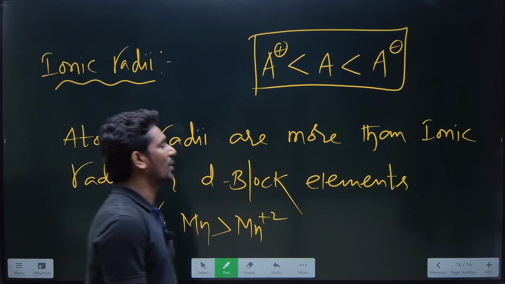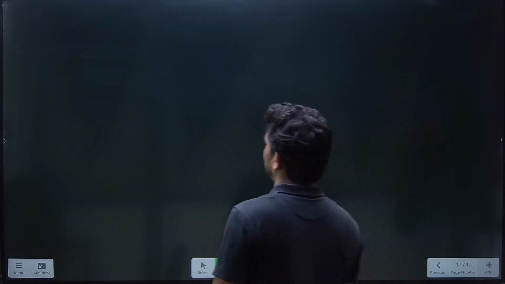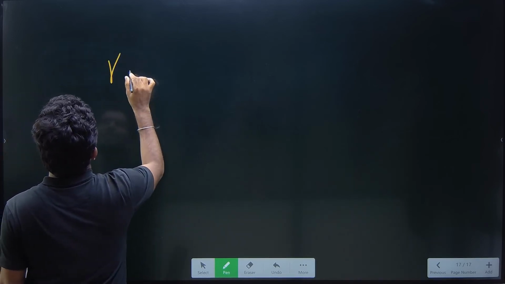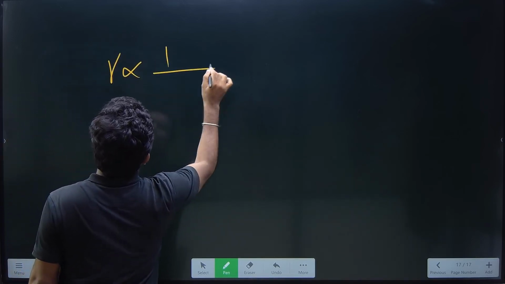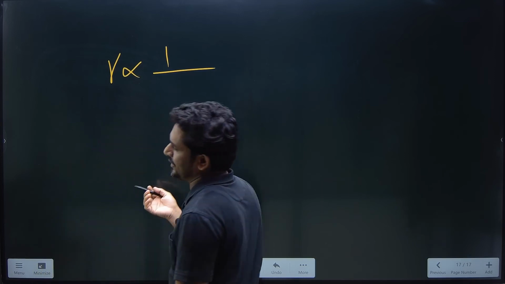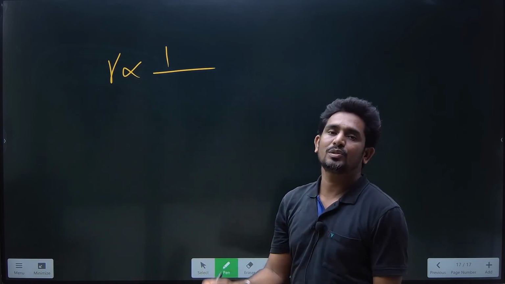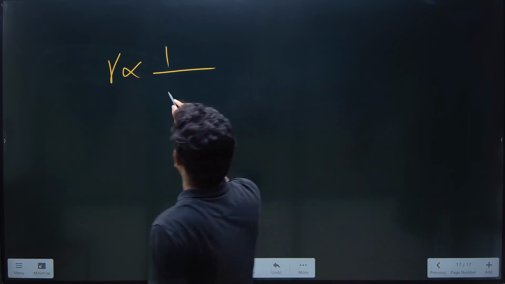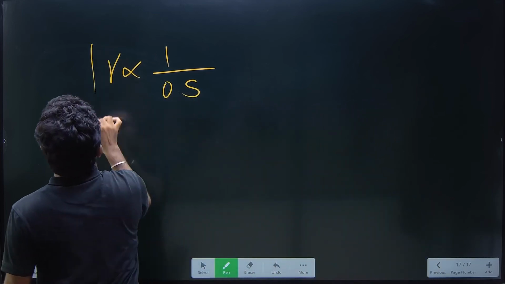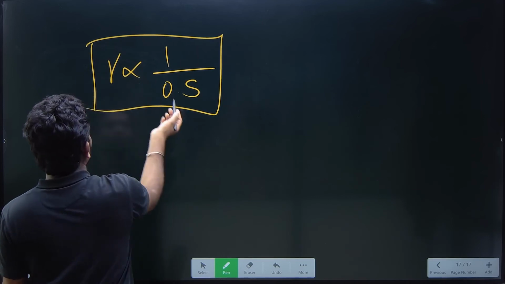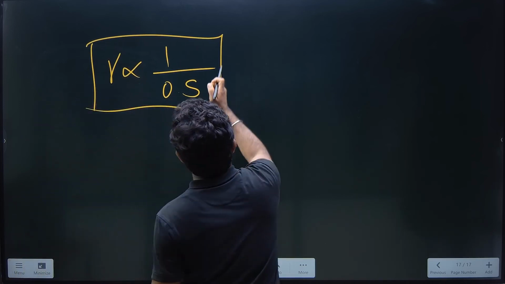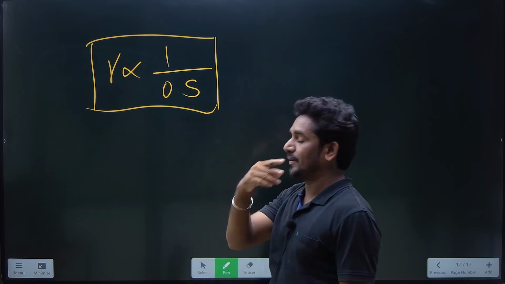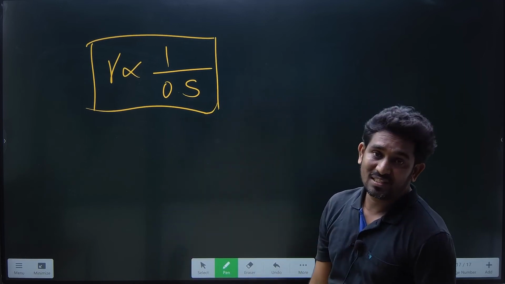What is the relation between charge and the radii? Radii is inversely proportional to charge, meaning oxidation state. More the oxidation state, less the size. Oxidation state means positive charge; ठीक है, positive oxidation charge होना चाहिए. More the oxidation state, less the size.